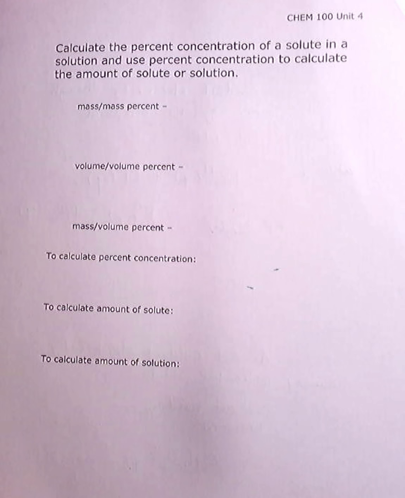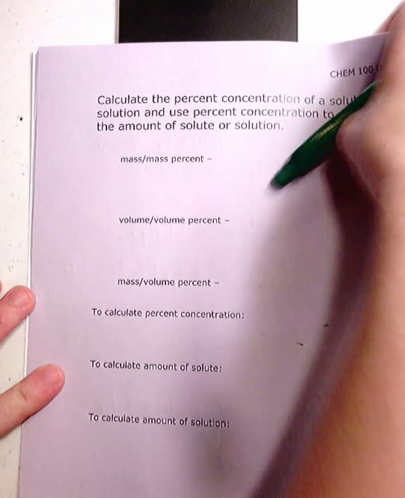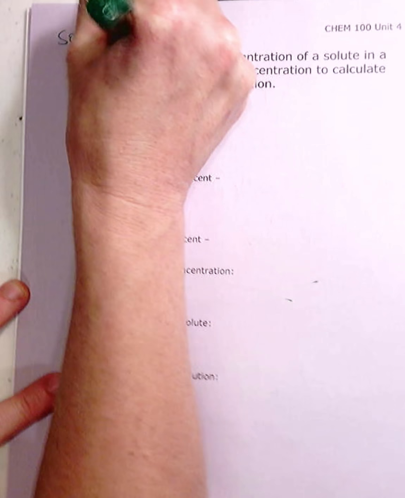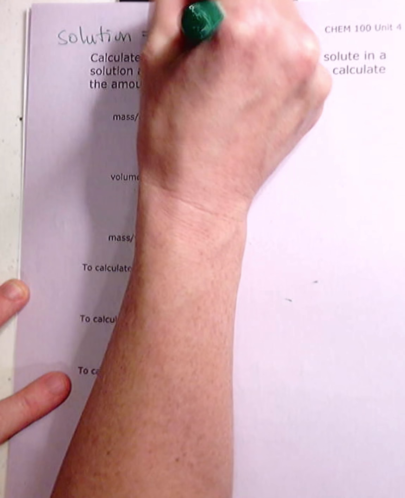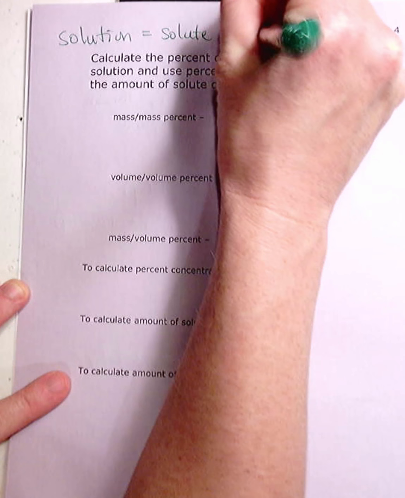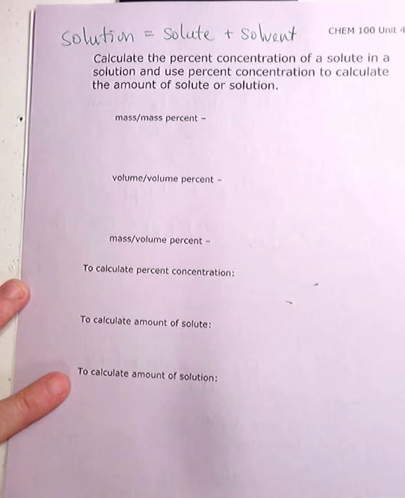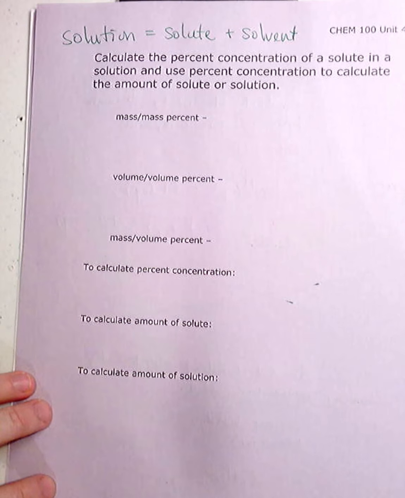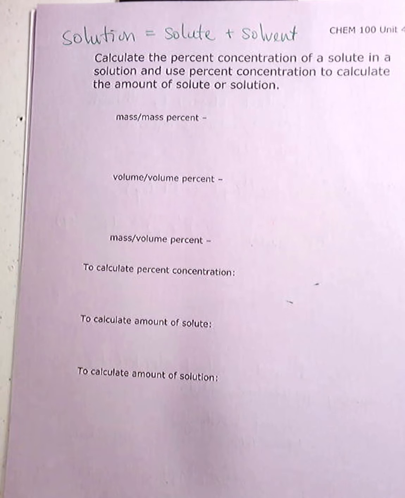So remember that solutions, which is what we've been discussing, are made up of solute plus solvent. So if you're given a percent concentration, it's usually a unit, whether it be mass or volume of solute over mass or volume of solution.